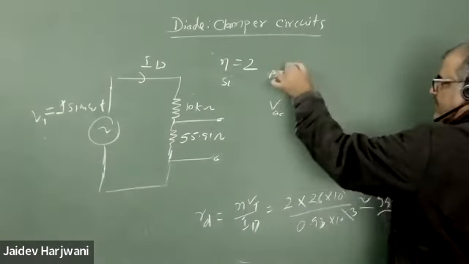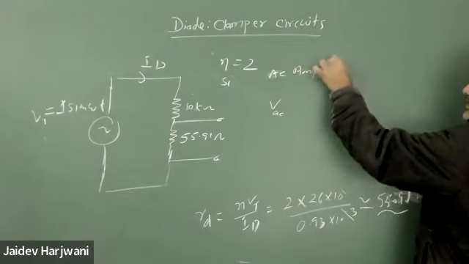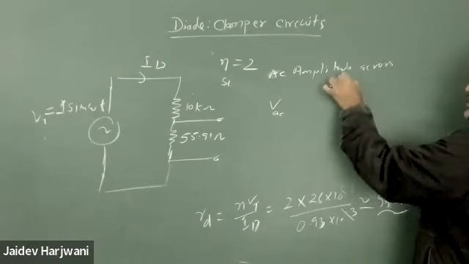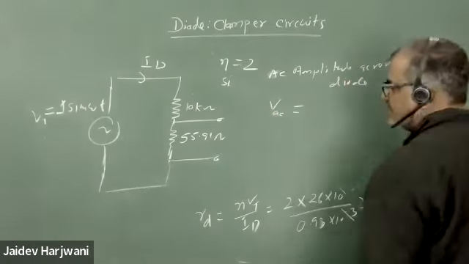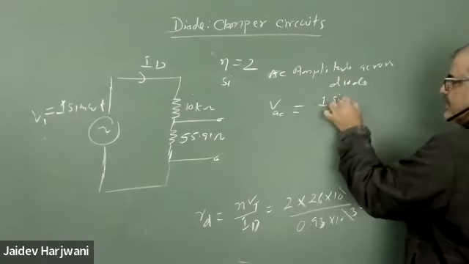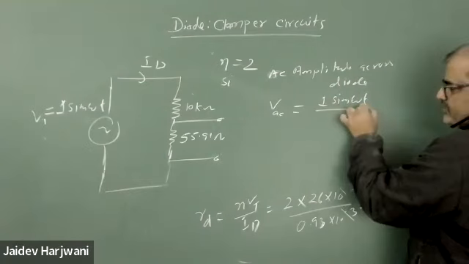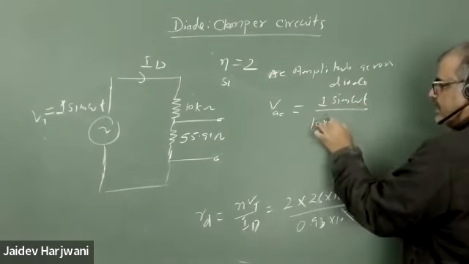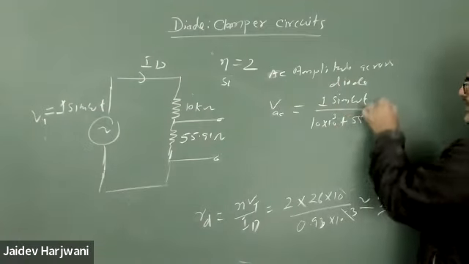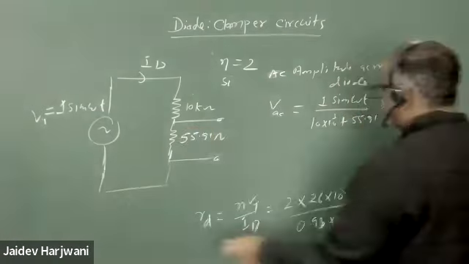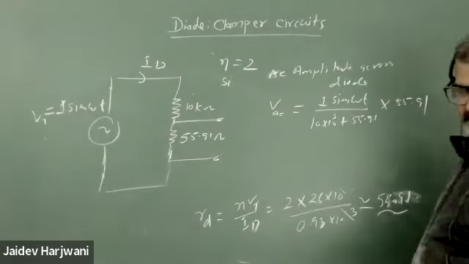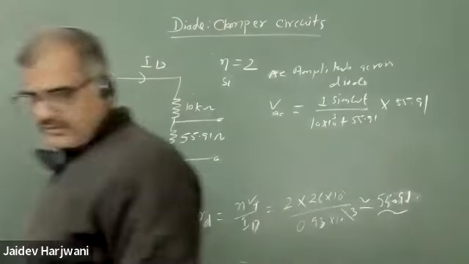The total resistance: you have V input, 1 into sin omega t, and the total resistance is 10 kilo ohm plus 55.91 ohm, multiplied by the resistance across the diode, 55.91. Are you getting what I'm doing here?